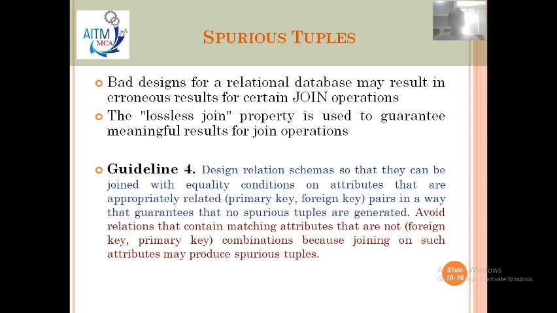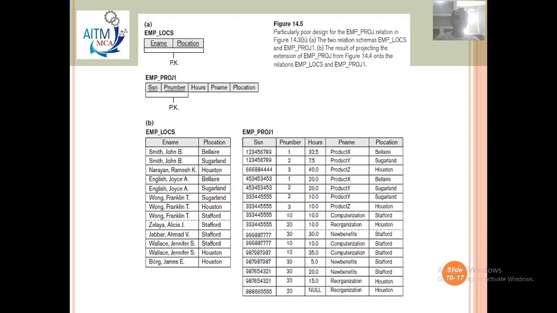Okay. Then, see, this is an example. You have an employee name and an employee location. If you make these two a primary key, and you make employee project, this is one table, this is another table now. Here in this, these two are the primary keys, and here SSN number and the project numbers are the primary key.